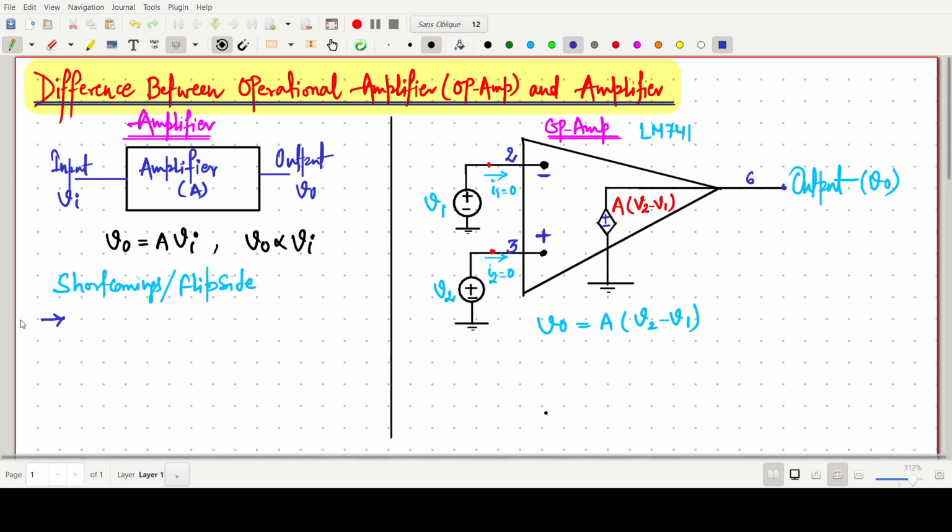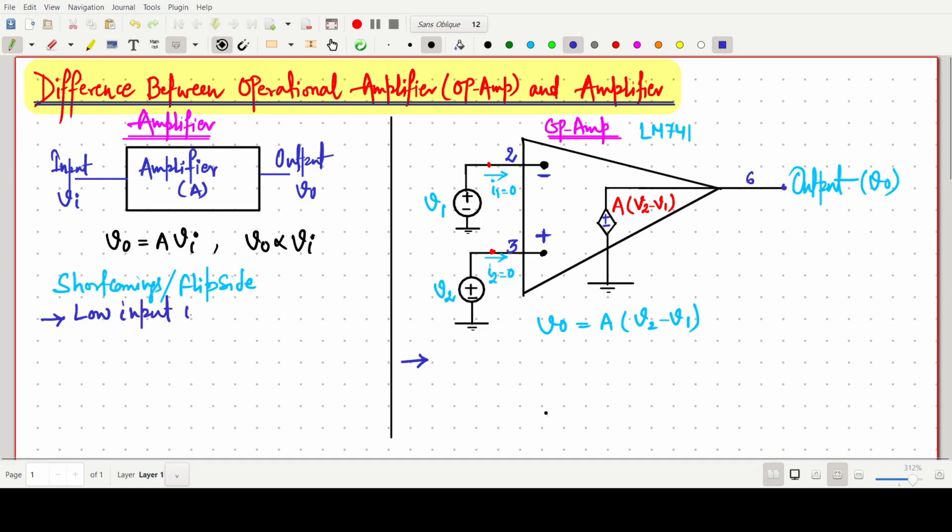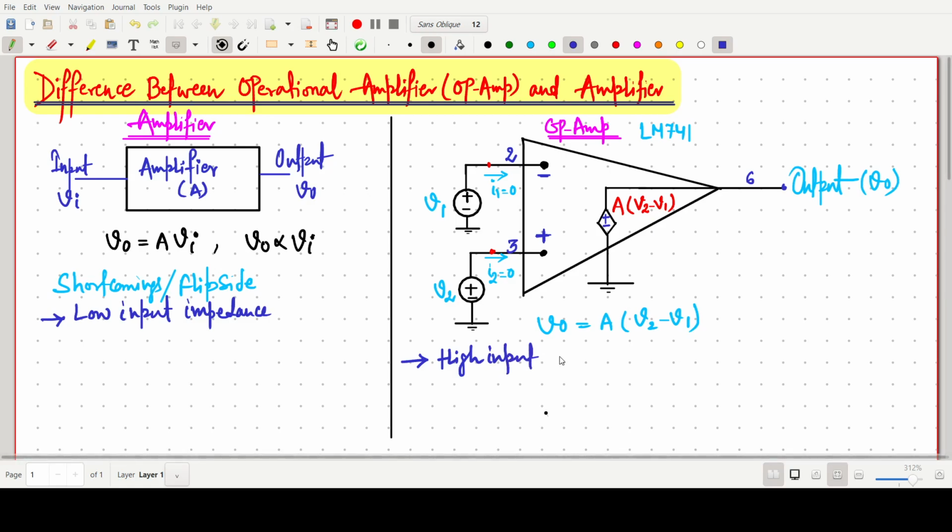The first thing: the amplifier has low input impedance, but the op-amp has very high input impedance.